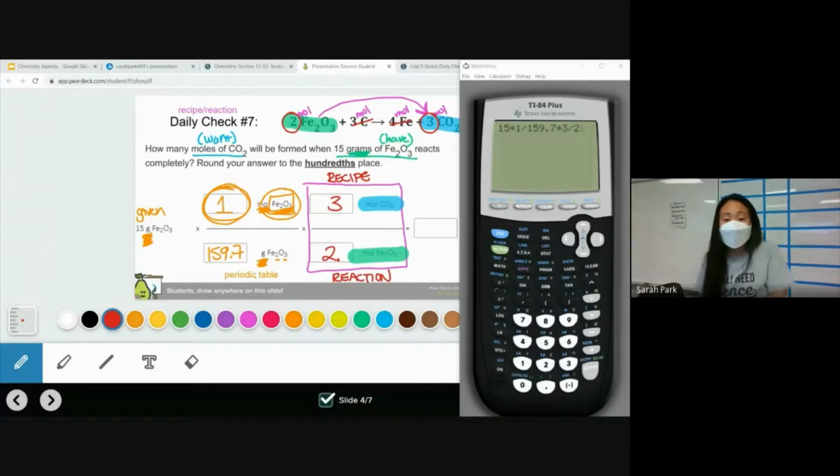So remember, you start with the number 15, you multiply by 1, you divide by the bottom number, you multiply by 3, you divide by 2. Does anybody get an answer? I know it's tough because you have to type it.